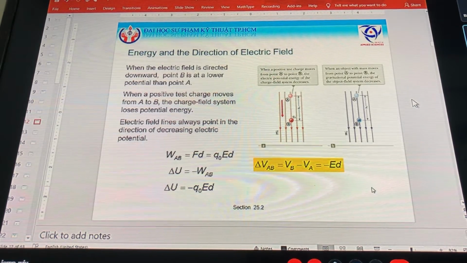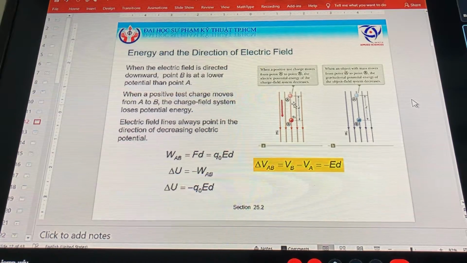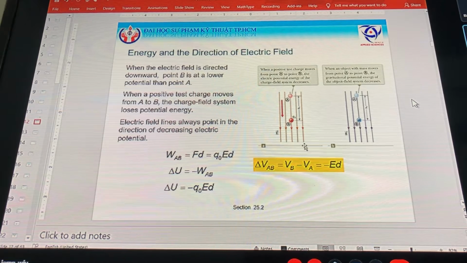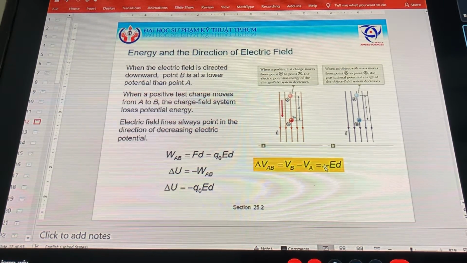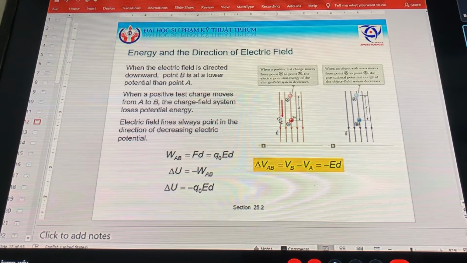And look at this, we have the uniform electric field. With the uniform electric field, how can we calculate the voltage difference, or sometimes we call it the potential difference, sometimes we call it voltage. So the voltage between A and B here is negative, right? It means the point B here has lower voltage than this one.